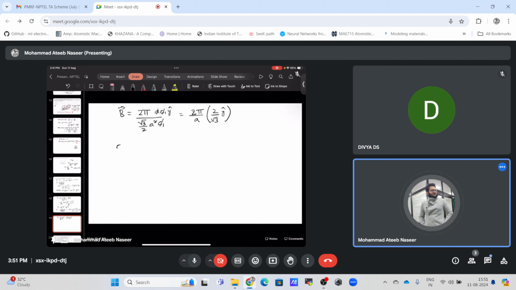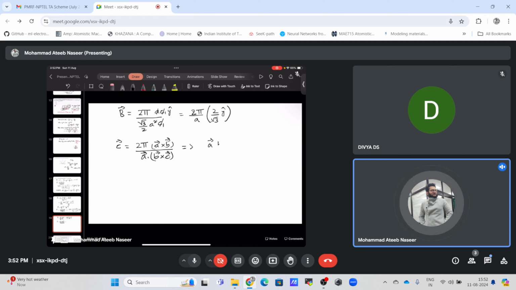Now what about reciprocal lattice vector C? This reciprocal lattice vector C is simply given by 2π times (a × b) divided by the volume, which is a · (b × c).